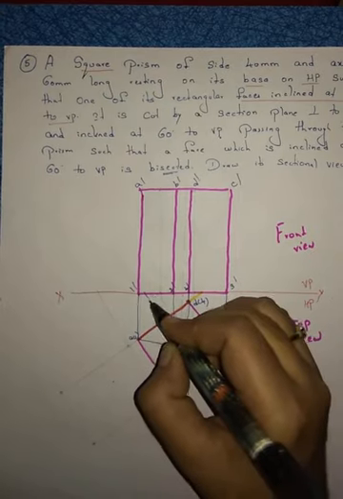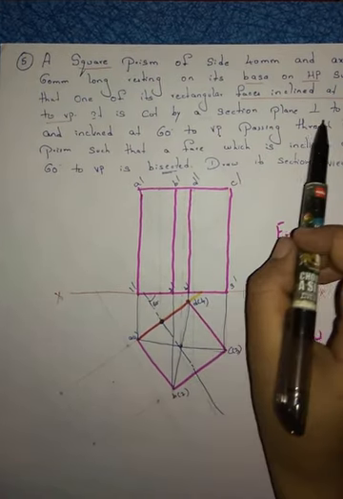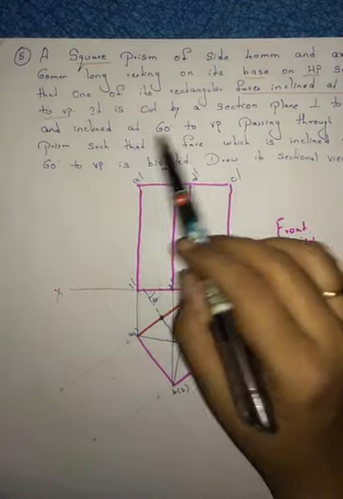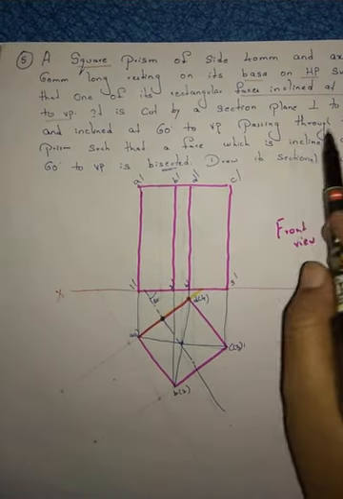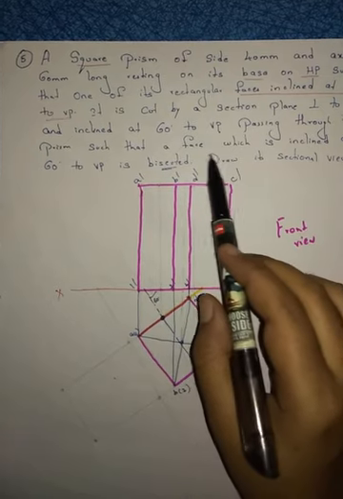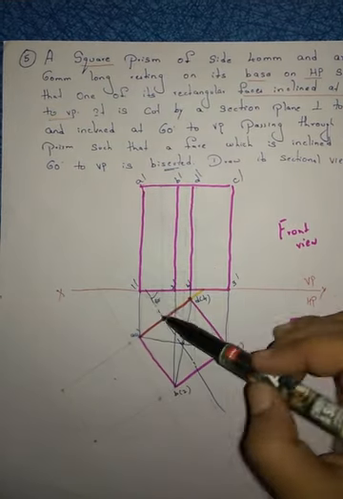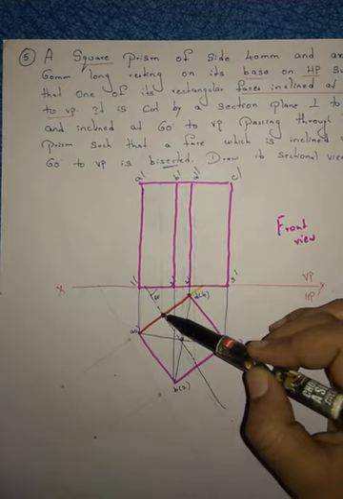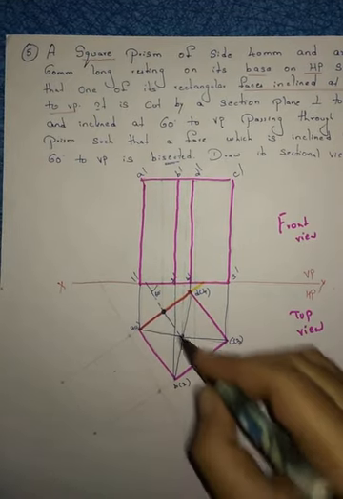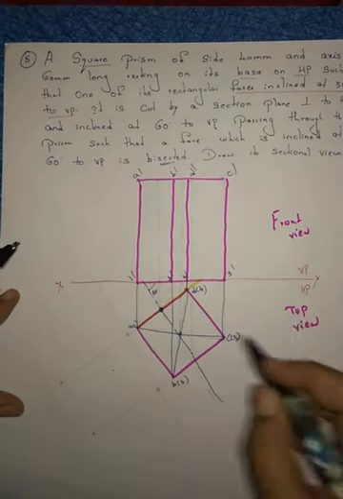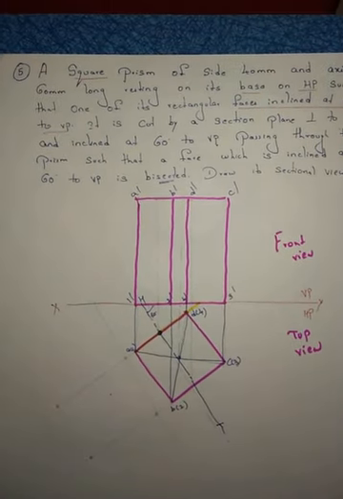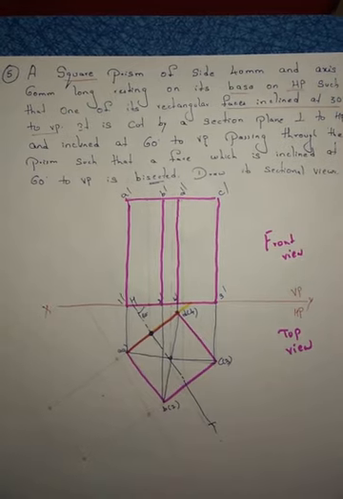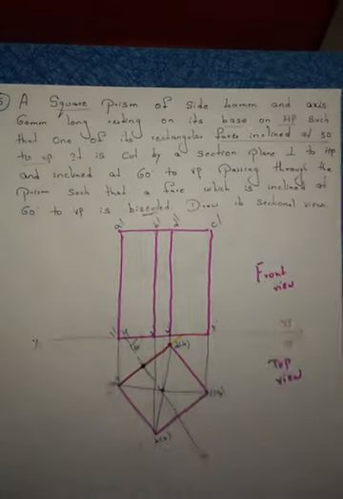The angle here is 60 degrees. What they mentioned: it is cut by a sectional plane perpendicular to HP, inclined at 60 degrees to VP, passing through the prism such that a face which is inclined at 60 degrees to VP is bisected. So we are constructing the sectional plane in HP, name it as HT. So we are constructing the sectional plane here.